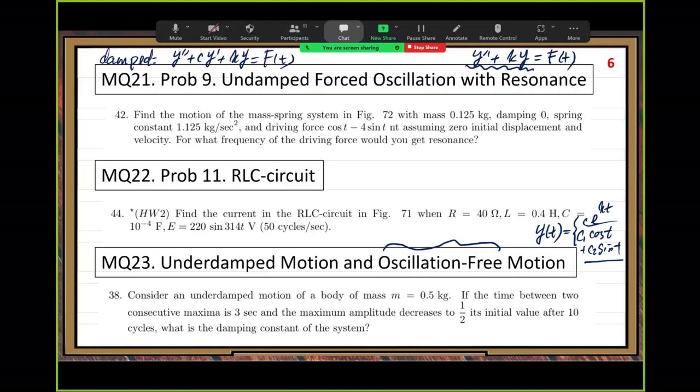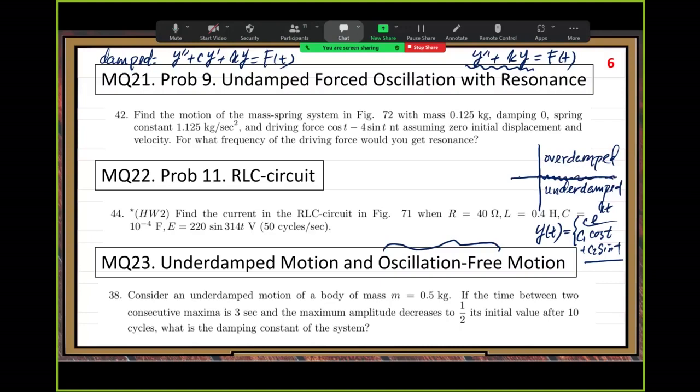Why is that, under-damped? Remember, we draw a line, right? We draw a line. So over-damped, under-damped, and critical damping.